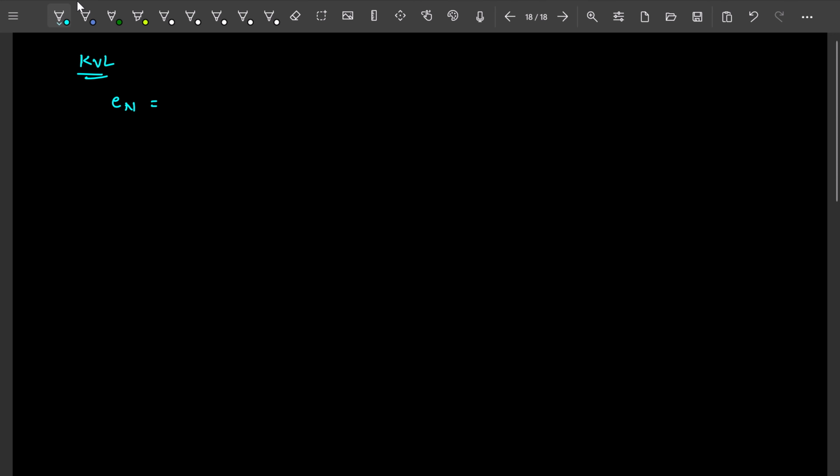En is equal to 2.5 P Nm by 60 plus 2.5 P Nm by 60, and so on, plus 2.5 P Nm by 60.